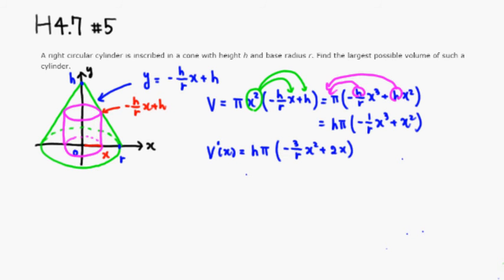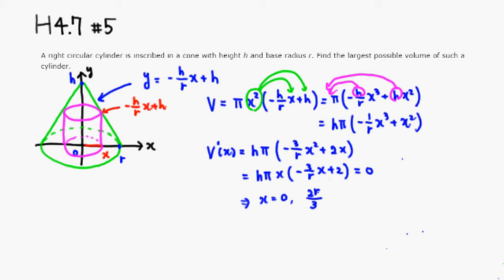So x is in common, and we can write h pi x times negative 3 over r x plus 2. Set that equal to 0 to find the critical numbers. x equals 0 is obviously a critical number, but it's not what we're looking for, since plugging in 0 gives a volume of 0.